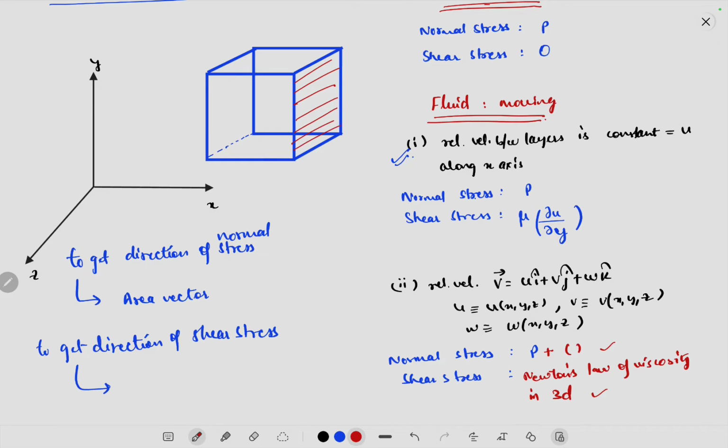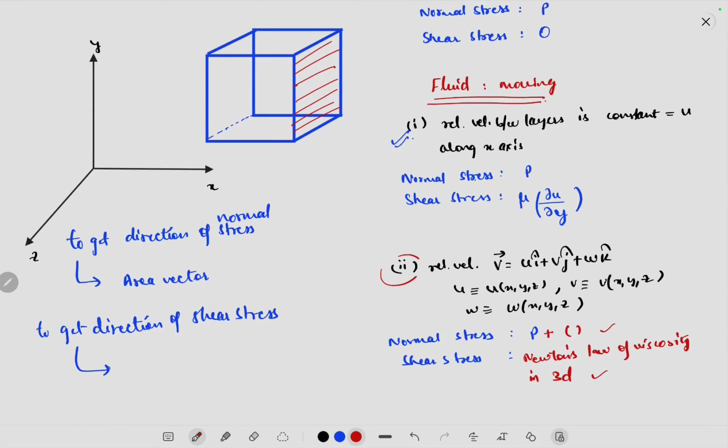Now consider this condition where velocity is given by u i hat plus v j hat plus w k hat, and the magnitudes u, v and w are also functions of x, y, z and also time.